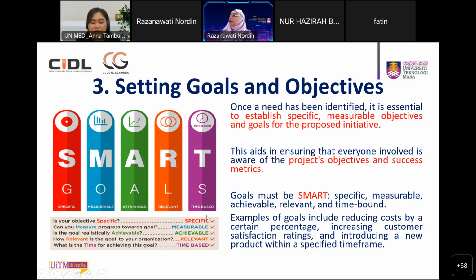Examples of goals could include reducing cost by a certain percentage, increasing customer satisfaction ratings, or launching a new product within a specific time frame. Goals must be SMART, like I mentioned previously: specific, measurable, achievable, relevant, and time bound.